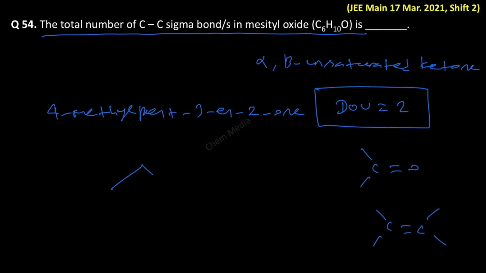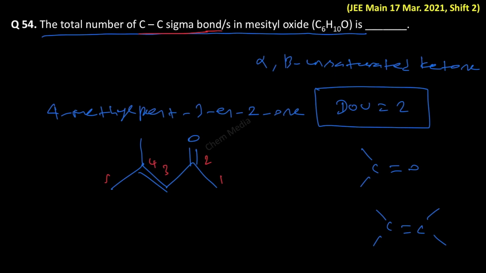So let's draw the structure of 4-methyl pent-3-en-2-one. 1, 2, 3, 4, 5. At 2 position we have the ketone, and then at 3 position we have the double bond, and then at 4th position we have a methyl group. They are asking the carbon-carbon sigma bonds.